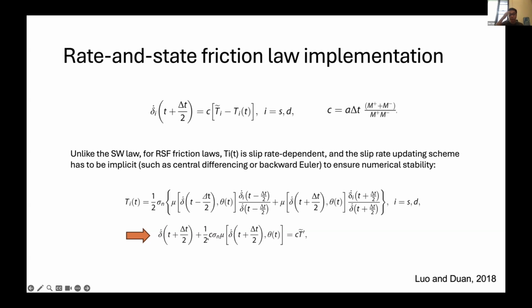Newton's method is good enough to solve it, but you can see the new slip rate here is actually a parameter of this friction coefficient. So this equation should be solved iteratively. And when I get to this point, this is the last step where I can successfully implement this into EQdyna.